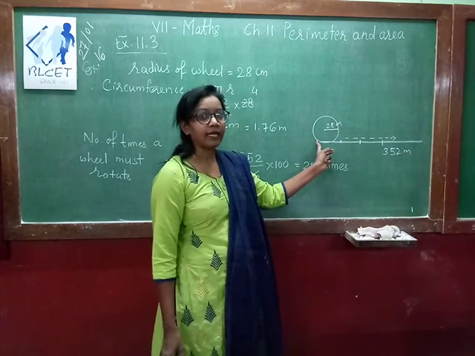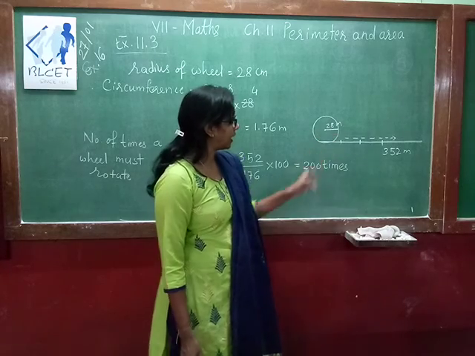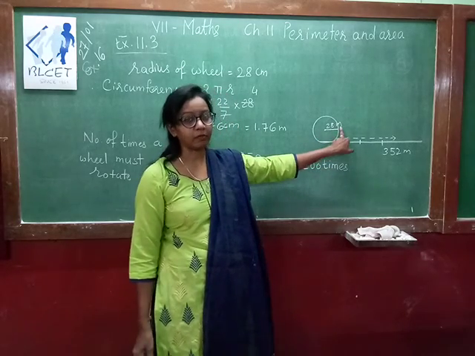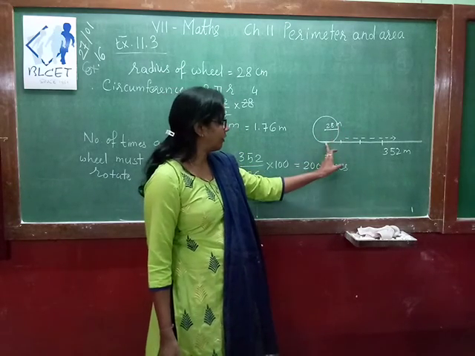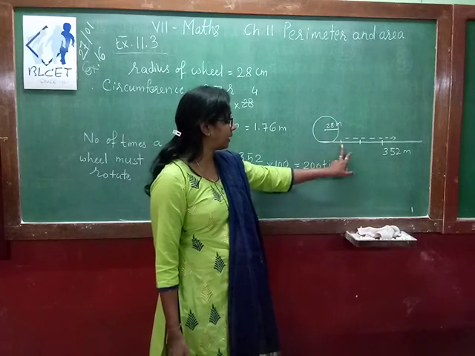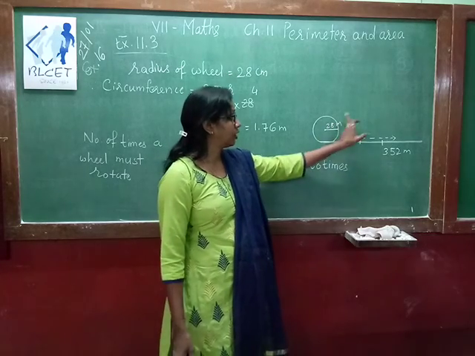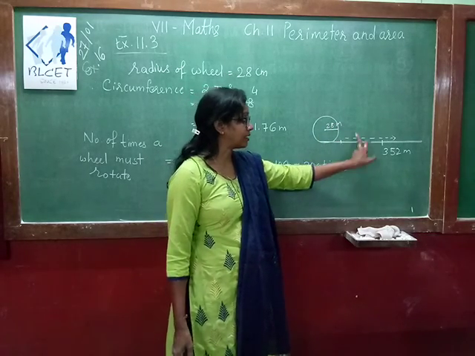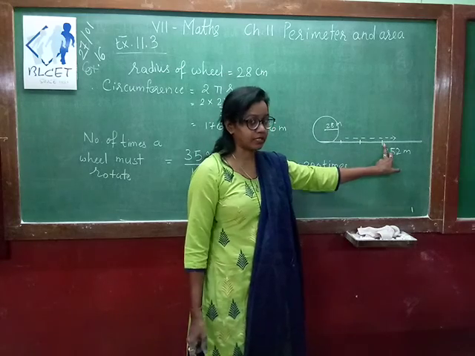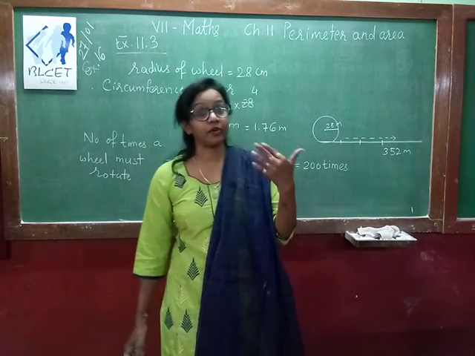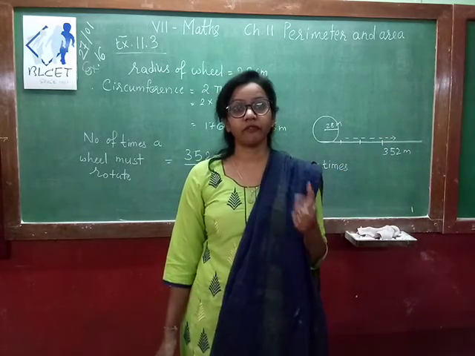Okay, and the radius of this wheel is 28 centimeter, not meter, it is 28 centimeter. If it rotates one time, it covers this much distance, 2 times it covers this much distance, 3 times it covers this much distance. So how many times does it rotate to cover the 352 meter distance?